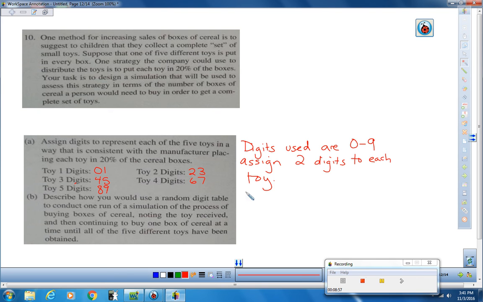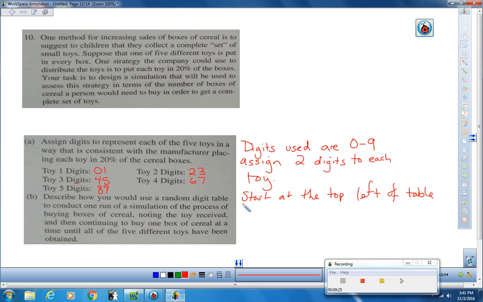So I would say start at the top left of the table. Okay? And we would work our way in and see what numbers represent a digit.